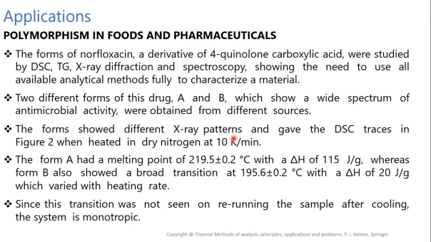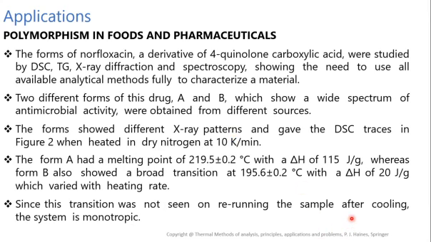There are two different forms of this drug, form A and form B, which show a wide spectrum of antimicrobial activity and are obtained from various sources. The forms showed different X-ray patterns and gave the DSC traces in figure 2 when heated in dry nitrogen at 10 Kelvin per minute.